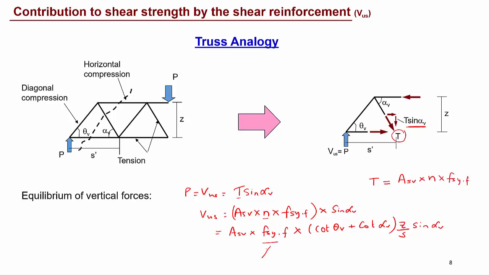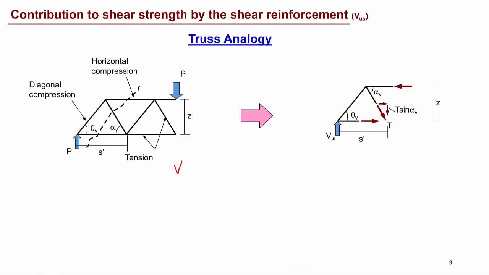Here fsy.f is the yield strength of the stirrups. Unless it is mentioned otherwise, the yield strength of the stirrups is also taken as 500 megapascals.